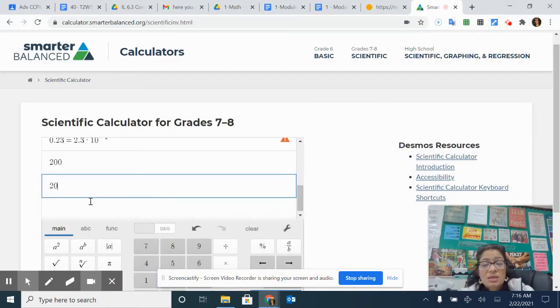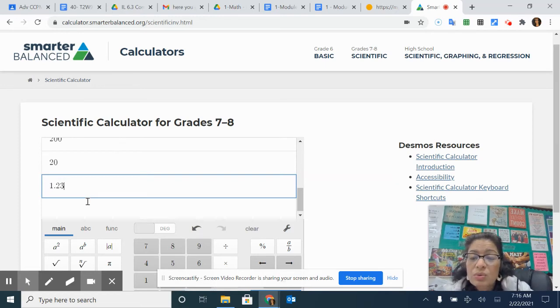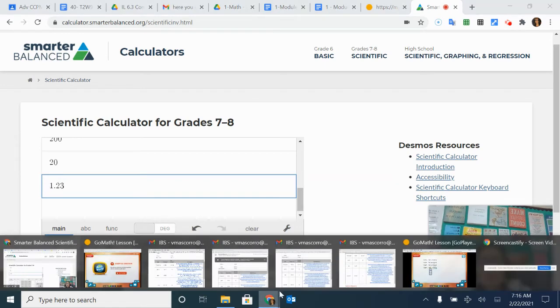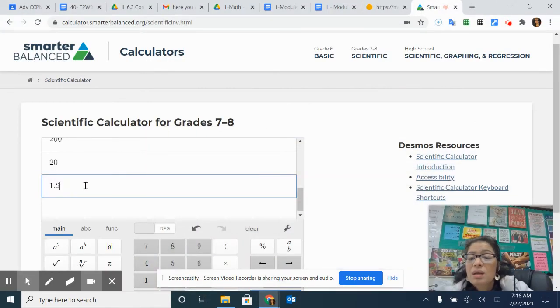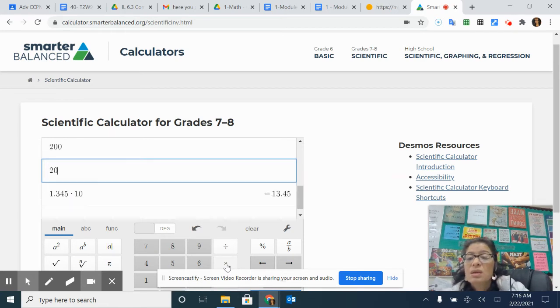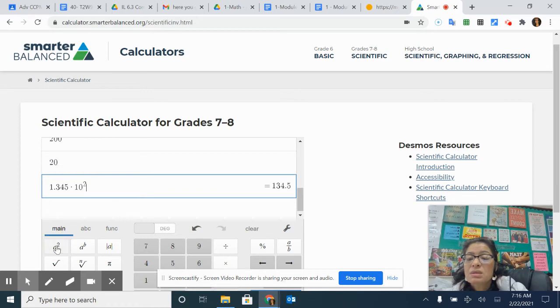So this one is going to be 1.345 times 10 to the 0 power.